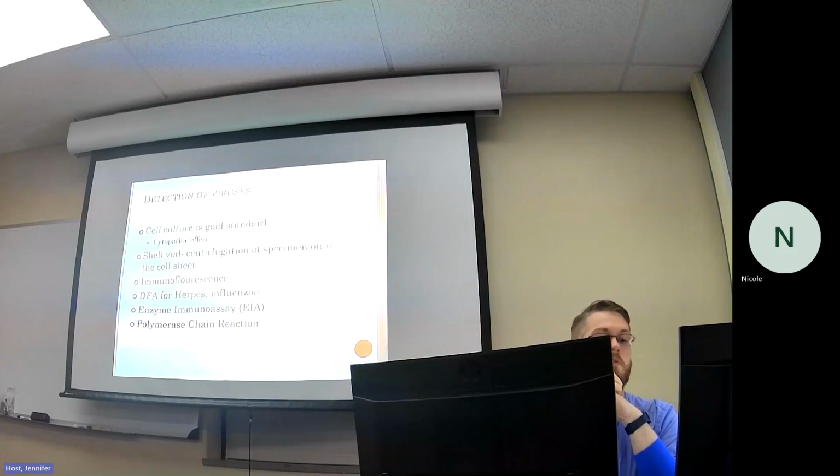CNS viruses, these are your viral meningitis, encephalitis, stuff like that. CMV, a problem with a lot of babies. Enteroviruses, your poliovirus, hopefully that doesn't come back anytime soon, but you also have your Coxsackies.